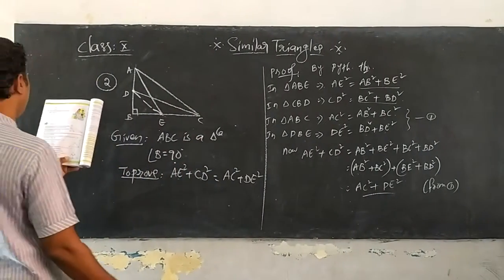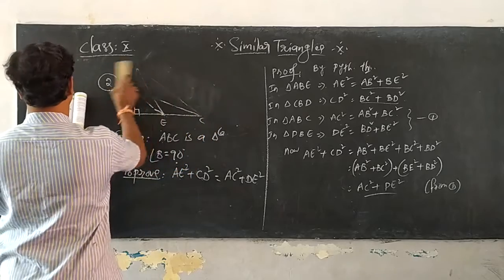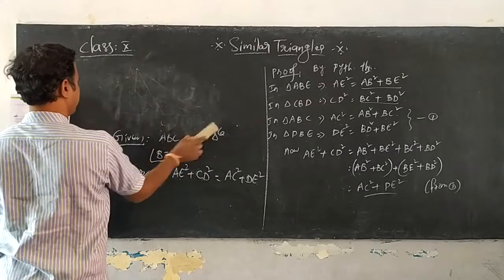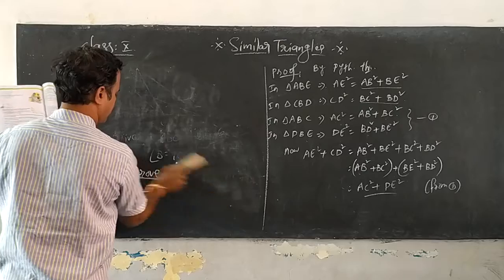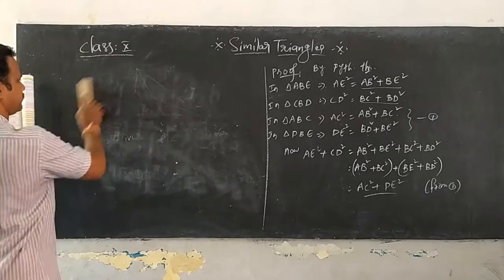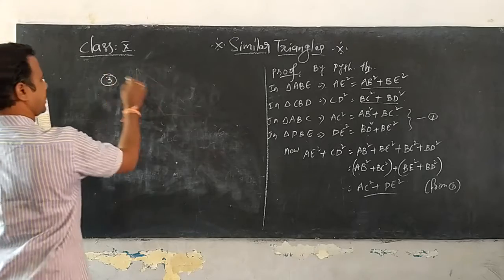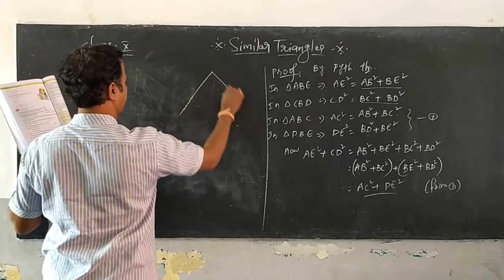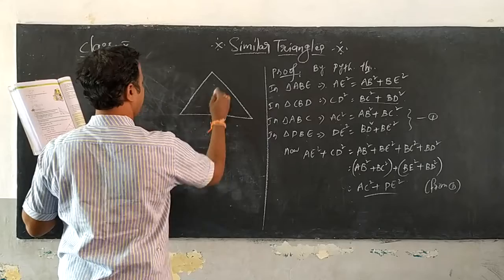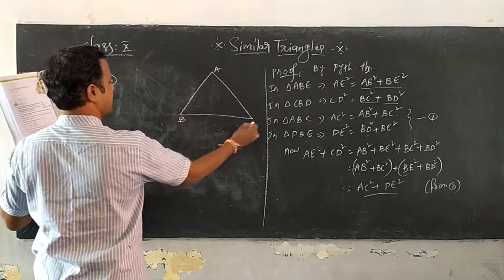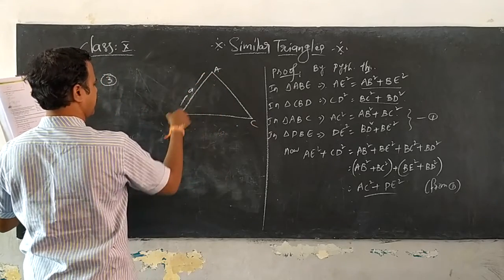Prove that 3 times the square of any side of an equilateral triangle. So they are talking about an equilateral triangle. Let ABC be an equilateral triangle.